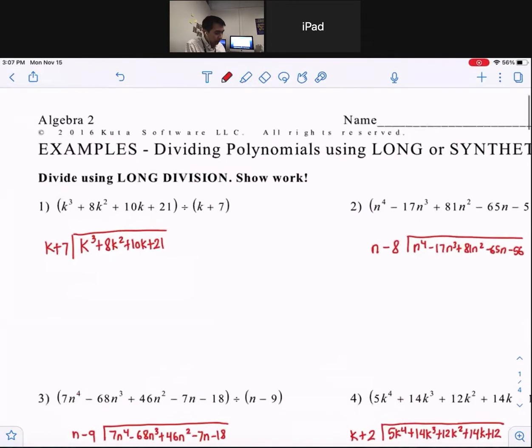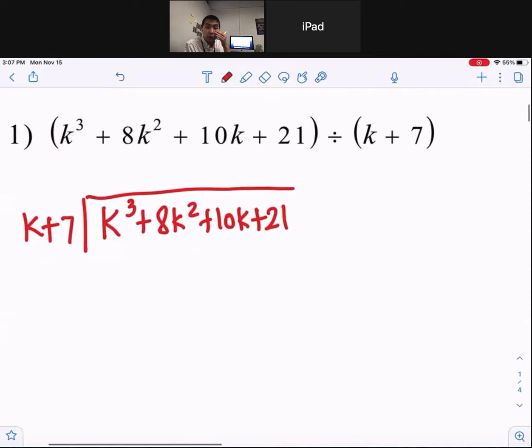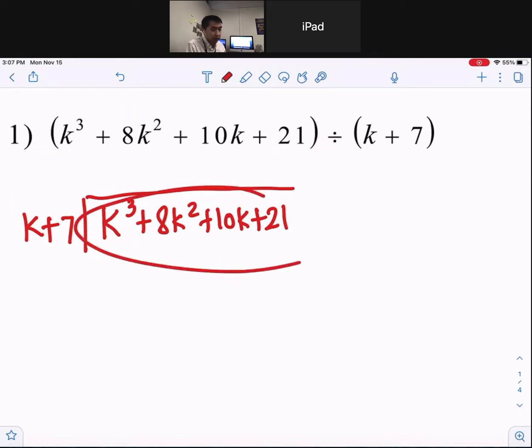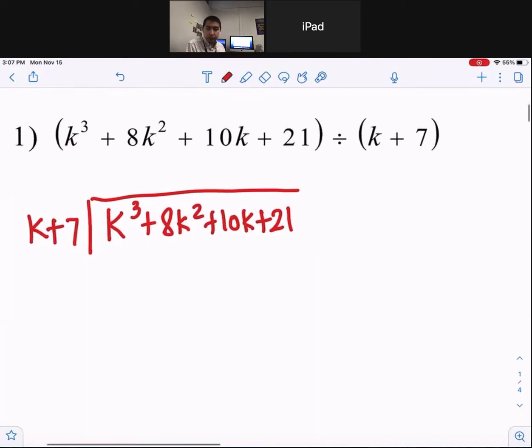Okay, so here's number 1. Put the divisor on the outside and the dividend, pretty much the numerator, on the inside of the house. That's how you start. When you approach this, you have to figure out what times k would give you k to the third.